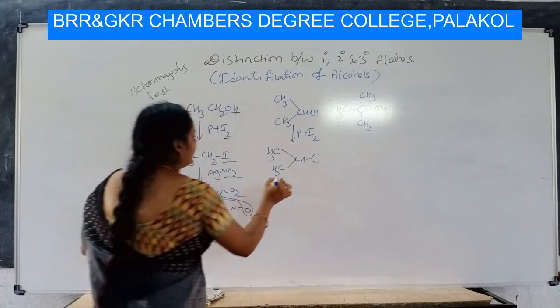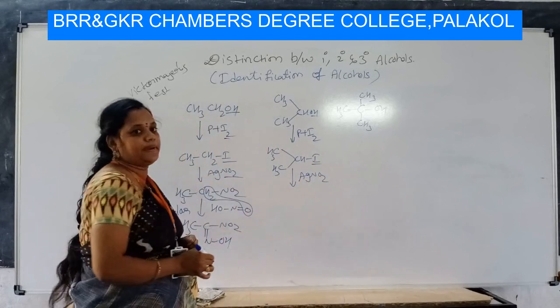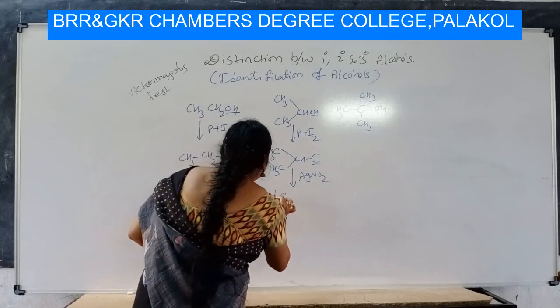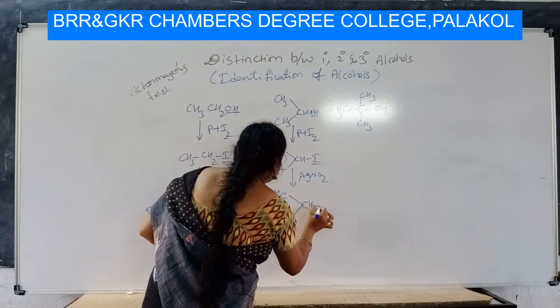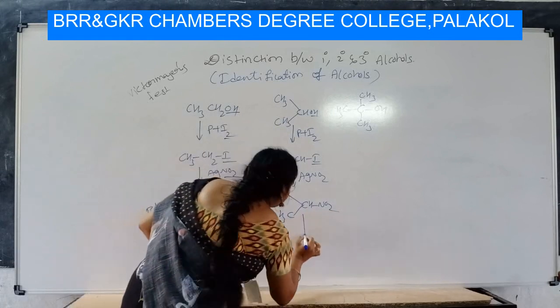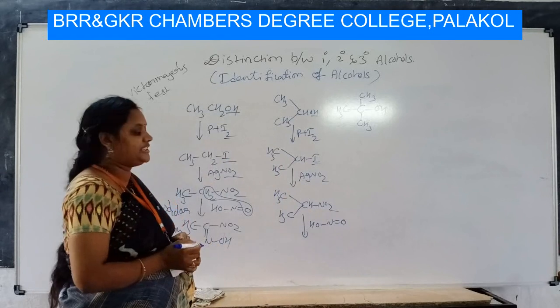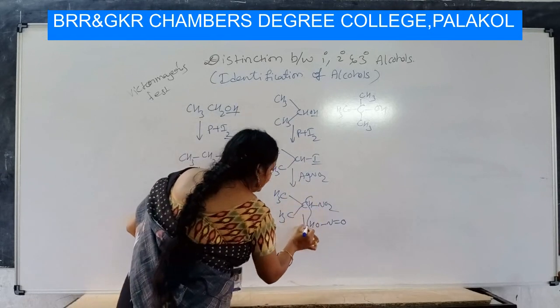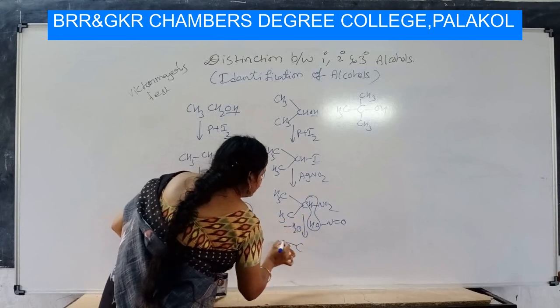If you add AgNO2, then I is replaced by NO2, so CH3CHNO2. And if you add nitrous acid, OH and double bond O, what happens, students? H from here and OH from this side will be removed.